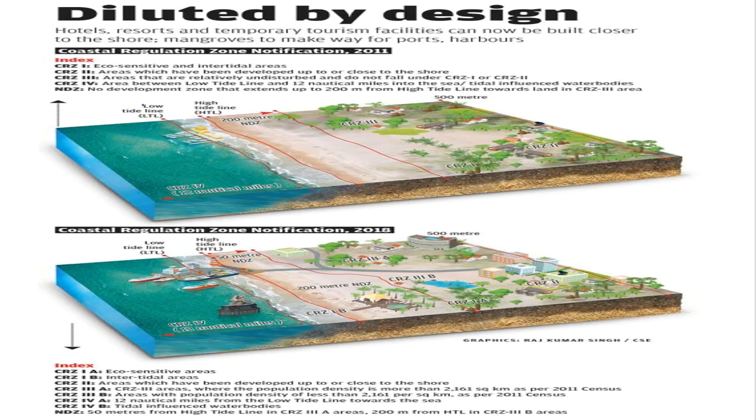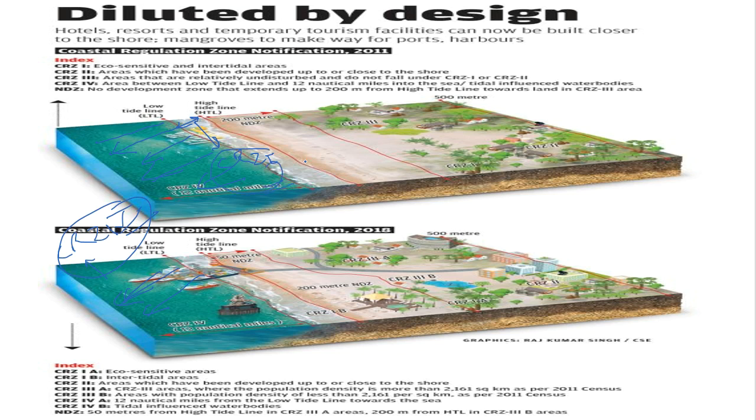See, this is up to 12 nautical miles in the ocean. This is the CRZ4, right? And between the high tide line and low tide line, this is the CRZ1.